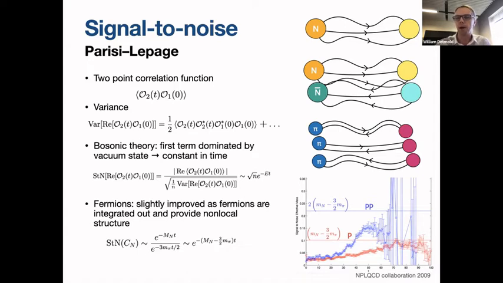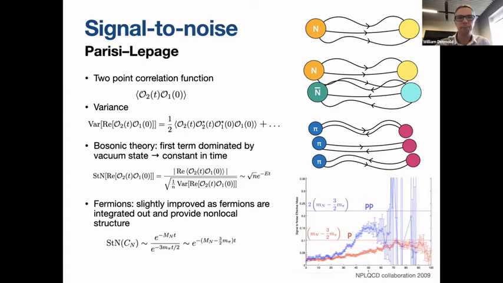And as you can see, asymptotically, these quantities are approaching the expected signal to noise mass, so this m_N minus 3/2 m_pi value for the proton. And if you play the same argument, you can easily see that for a diproton system, you just get another factor of 2 in that noise quantity. And eventually, both of these curves get to their Lepage expectation.